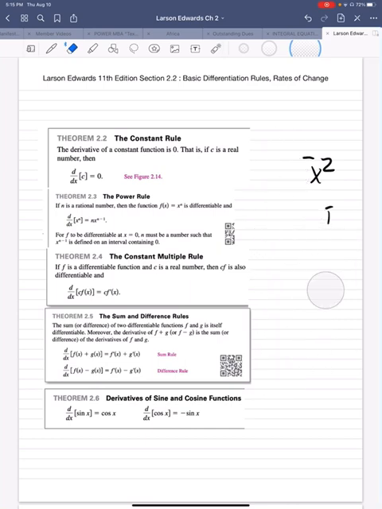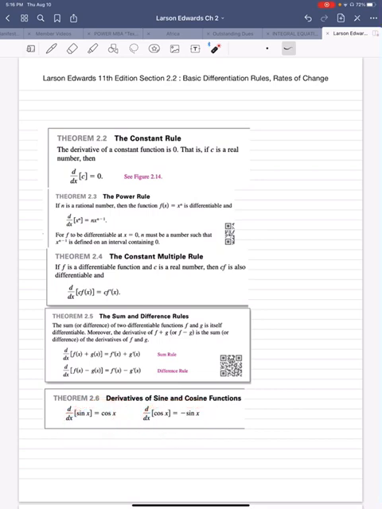The sum and difference rules are telling you that if you have a multi-term function of x, then the derivative of that function is equal to the sum of the individual derivatives, or the differences of the derivatives if they're being subtracted. And then we have the derivatives of sine and cosine functions.